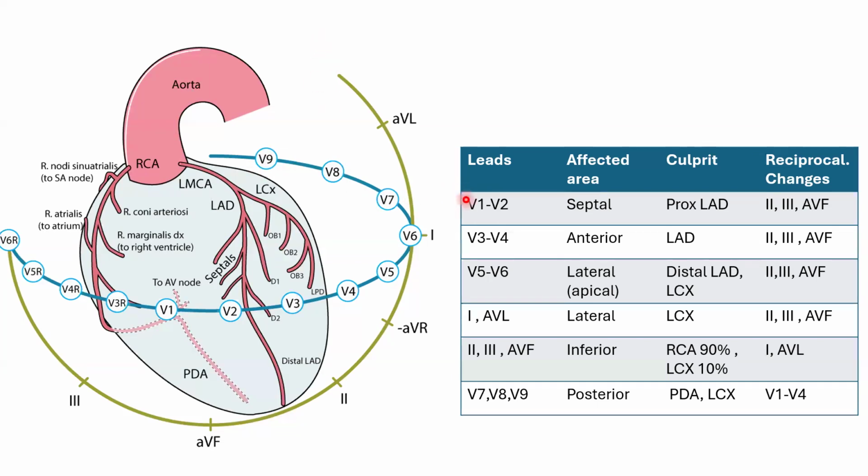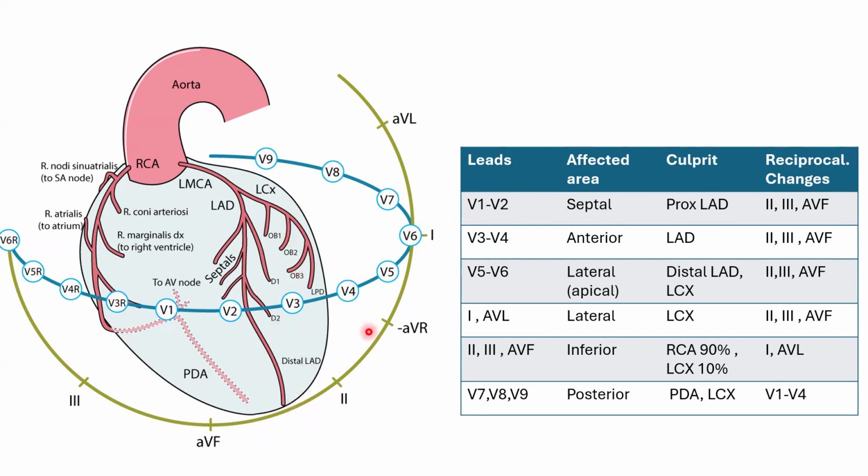Here we have V1 and V2, which are the septal leads, and the culprit artery is the proximal LAD. Lead 3 and lead 4, the affected area is the anterior area, and the arterial supply here is the LAD artery. In V5, V6, this is the lateral area of the heart, and the culprit is either the distal LAD artery or the LCX artery.